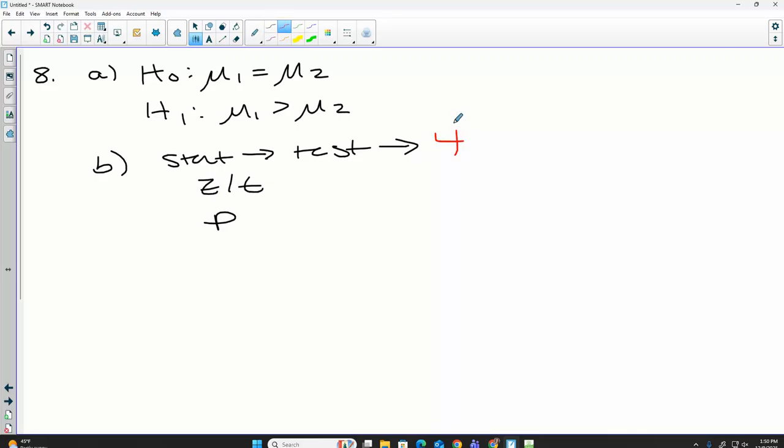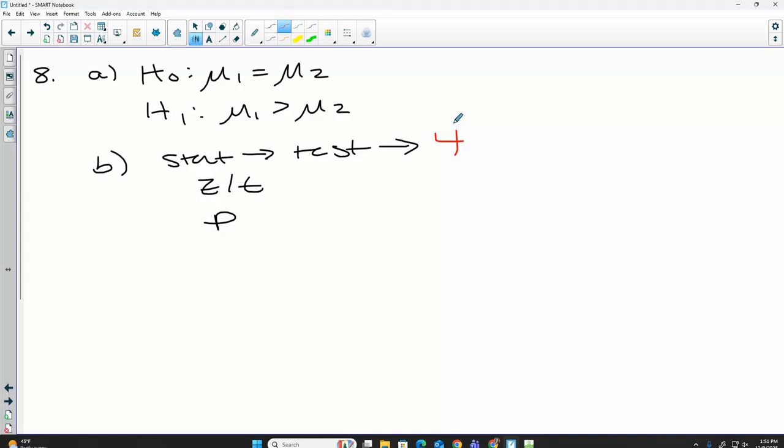So if we go to that, this time am I doing data or stats? Stats. So make sure you enter it correctly. X bar of the first, so 48.2. Standard deviation of the first, 8.4. Number of the first is 45. For the second one, 45.2, 10.3, and 41.